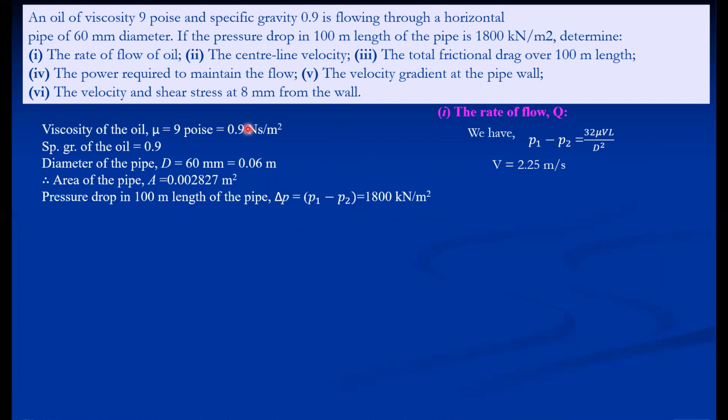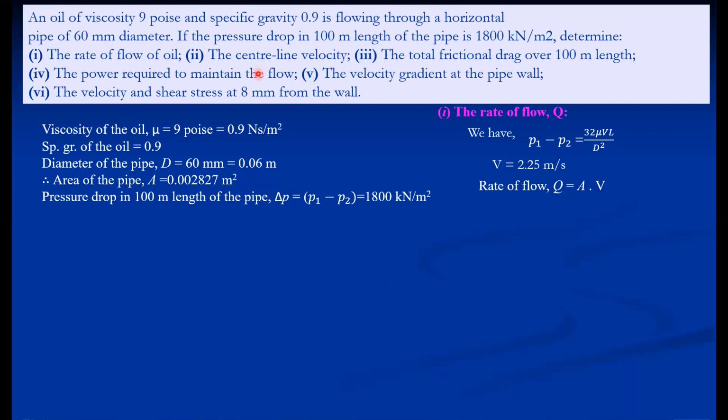Then mu is already known to us, the length is 100 meter, the diameter is 0.06, and we obtain the velocity as 2.25 meter per second.